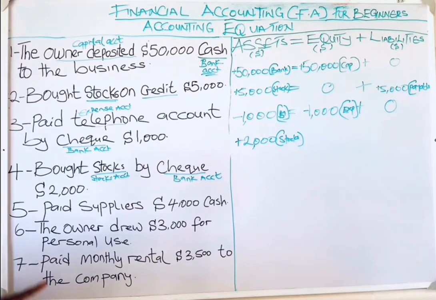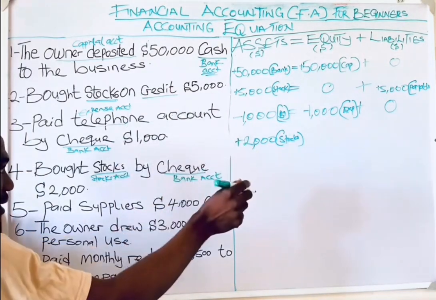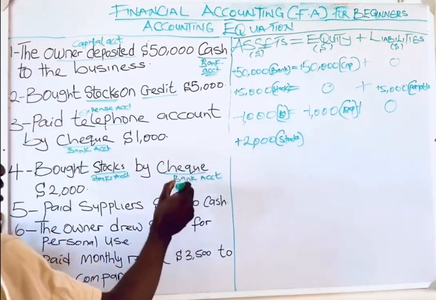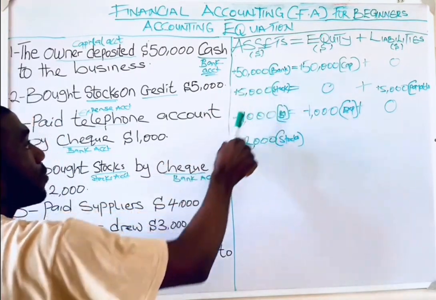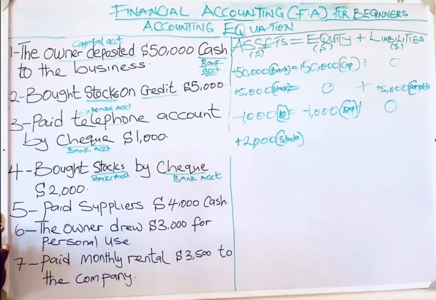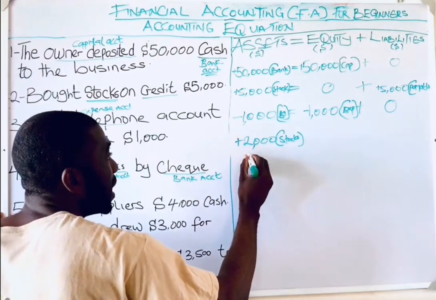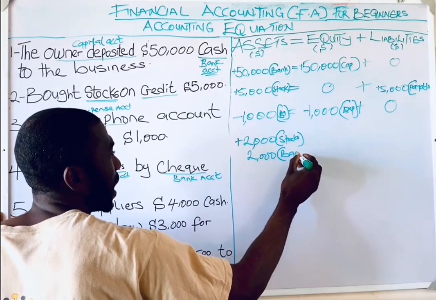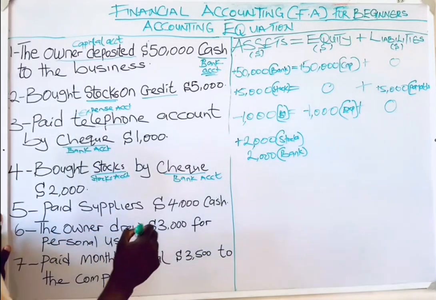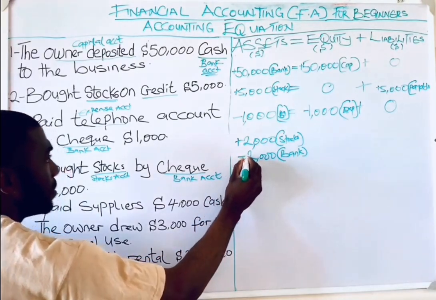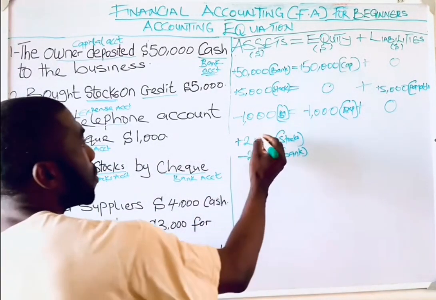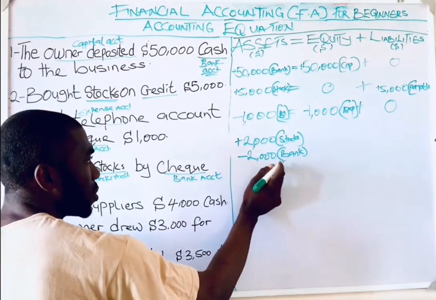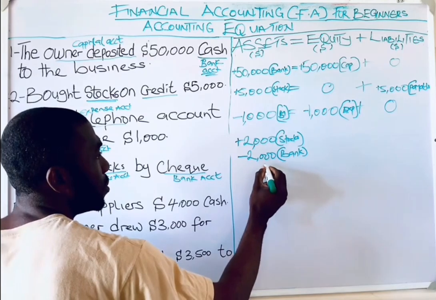But now here you are paying using bank account, so it will reduce the balance of your bank account. So this 2,000 will be negative 2,000 of bank. I hope you're following. Yeah, you're getting it. So it will be negative. So your positive 2,000 plus negative 2,000 will give you 0.